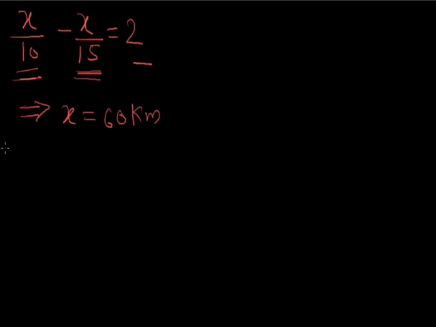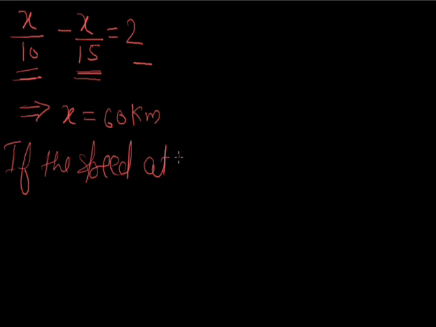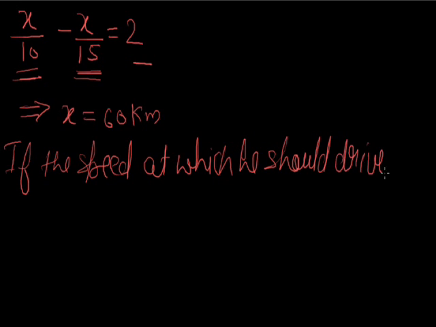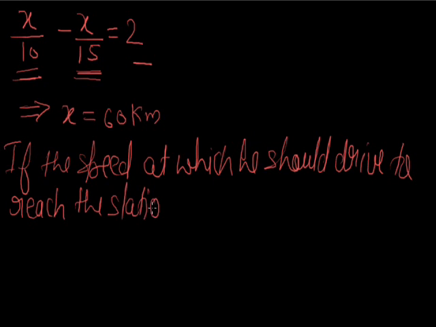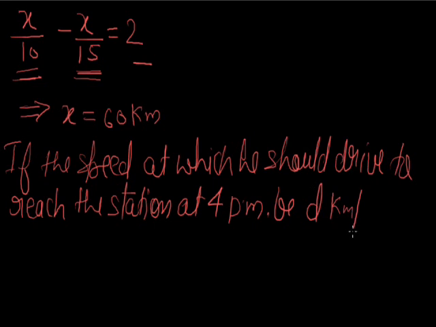Now let the speed at which he should drive to reach the station at 5 p.m. be d km per hour.